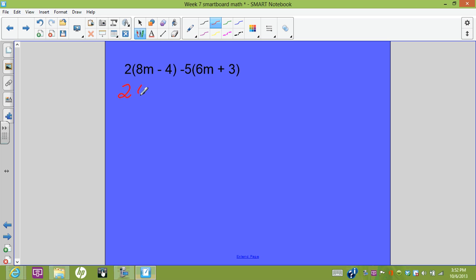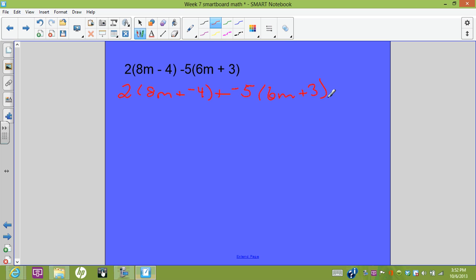So I'm going to rewrite this whole expression. 2 times 8m, subtraction is going to turn into adding negative 4. This subtraction is going to do the same thing, adding negative 5, parentheses, 6m plus 3. Okay?